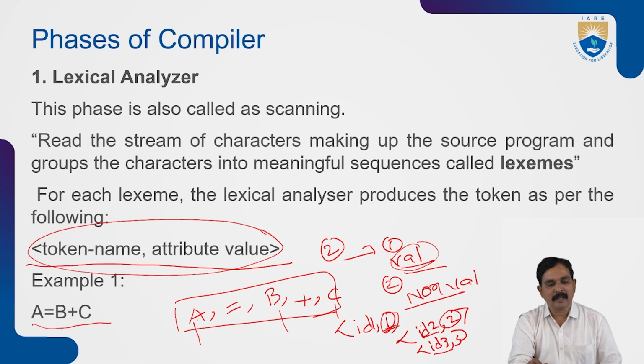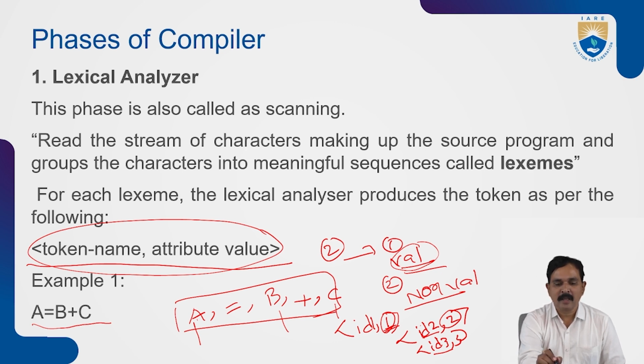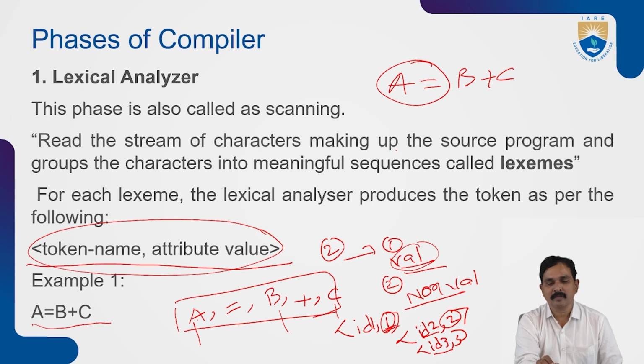The main role of the lexical analyzer is that it reads the stream of characters making up the source program and groups the characters into meaningful sequences called lexemes. Sometimes we define a sequence, but it is not meaningful. Suppose I take the same statement, A equal to B plus C, and I take A equal to as one group.